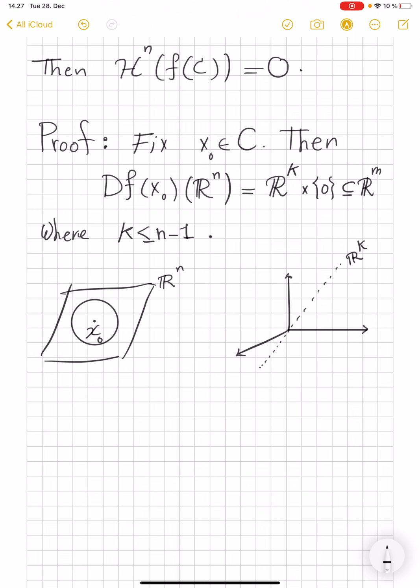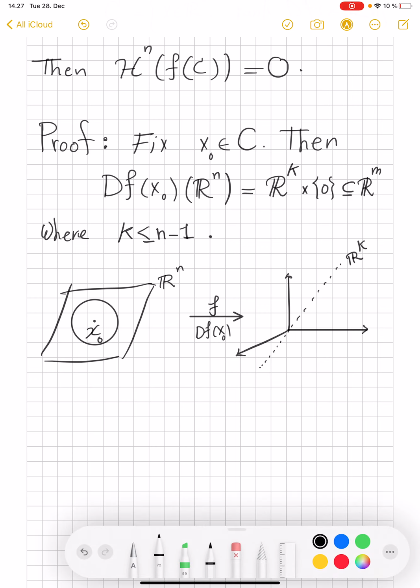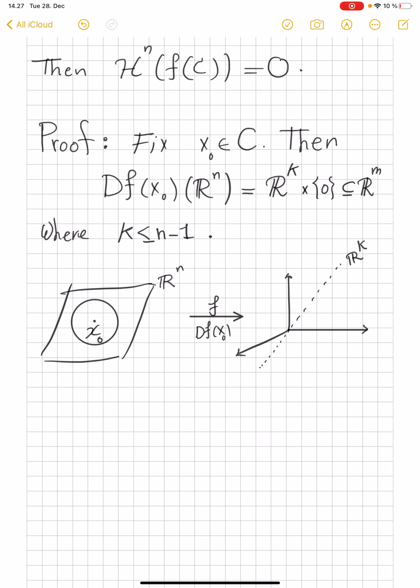Anyway, so there are two maps that are going into Rm. One of them is the original f, and the other one is the linear map df at x0. So obviously the linear map takes, so here's f of x0. The image of the linear map is contained in this subspace.